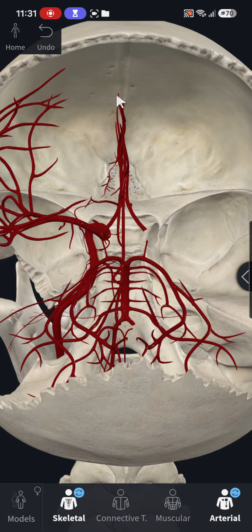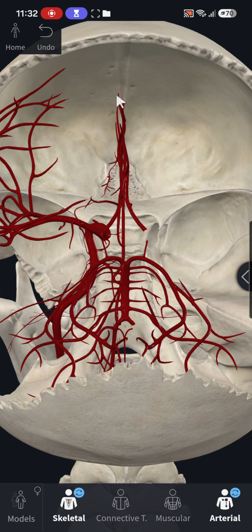The circle of Willis is a connection between the anterior blood supply of the brain and the posterior blood supply of the brain. It's really important because the brain is a vital organ and we need to have a blood supply that is unique in structure that can maintain the blood supply to the brain even if some branches are thrombosed.